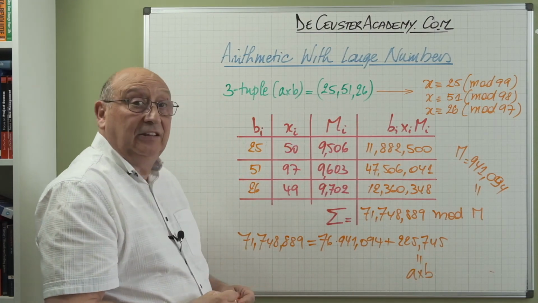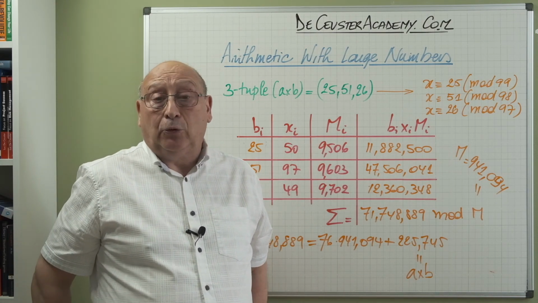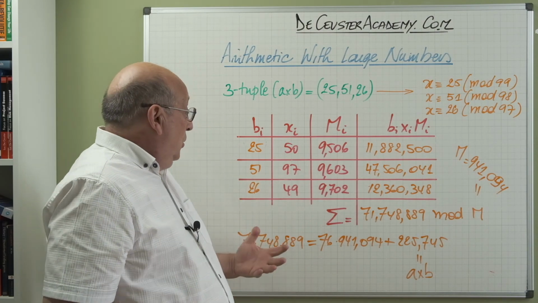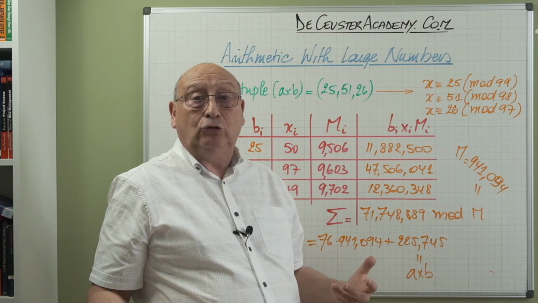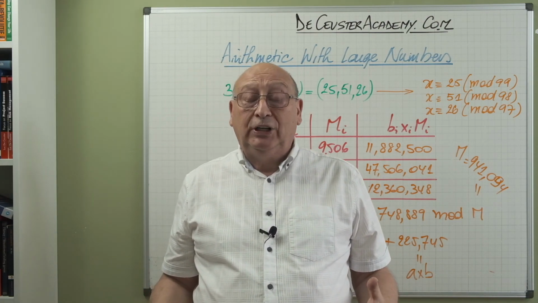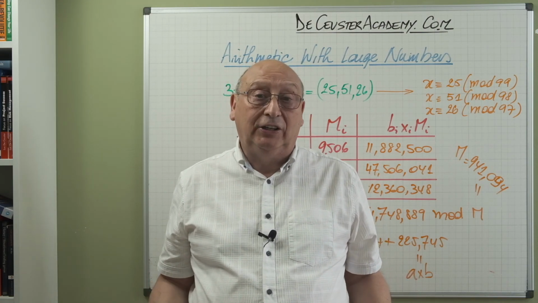Since these are relatively small numbers, we can verify the result very quickly using a normal standard calculator. So that's what I wanted to show you, how to deal with large numbers, how to use the computer using the n-tuples and the Chinese Remainder Theorem.